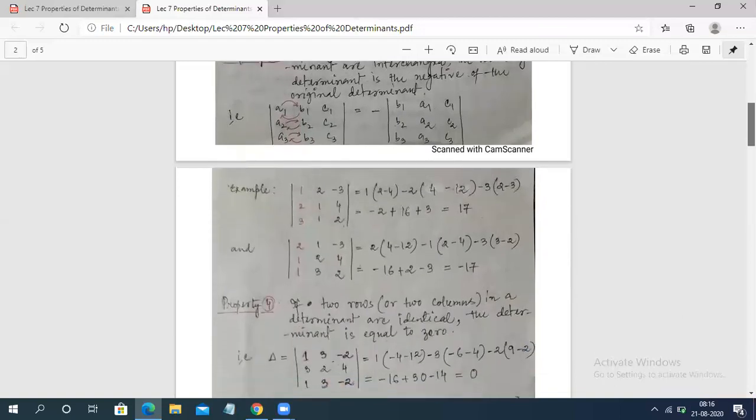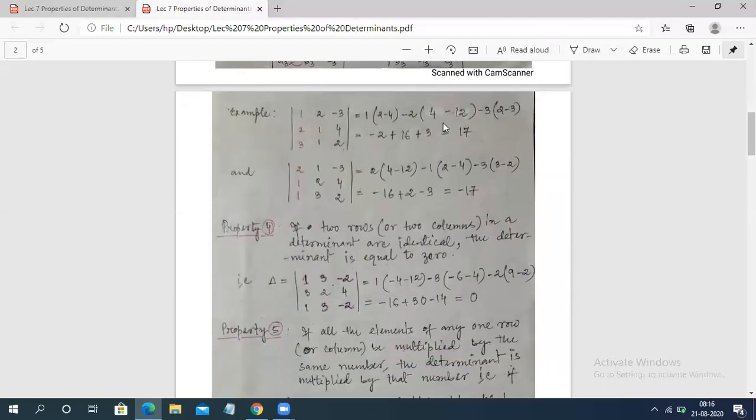For example, suppose you have this determinant: 1, 2, minus 3; 2, 1, 4; 3, 1, 2. So the first column is 1, 2, 3 and the second column is 2, 1, 1. Clear? Now find the determinant value of this determinant. It is coming out as 17. Now just interchange C1 and C2. That means in place of C1 we will write C2, and in place of C2 we will write C1.